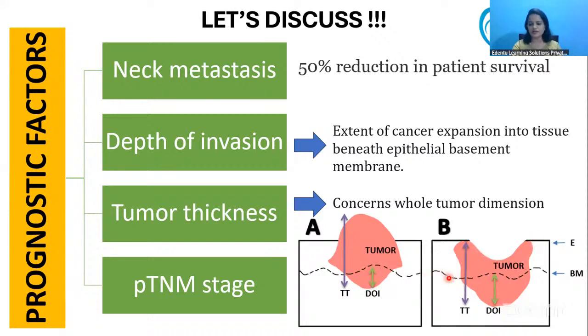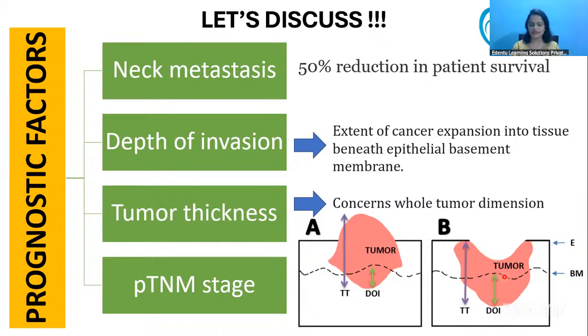Here also the basement membrane is here, and from the normal basement membrane, how far the tumor has invaded into the underlying tissue, that distance is called the depth of invasion. It plays a very crucial role in prognosis, whether good or bad, and it is mainly determined by the depth of invasion.